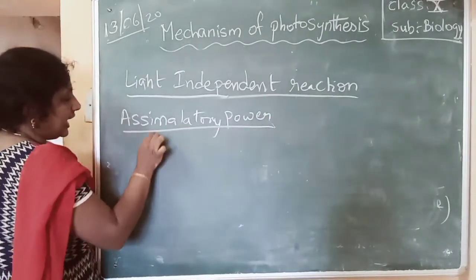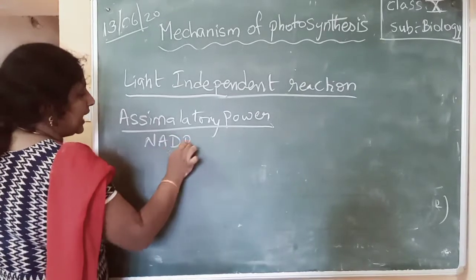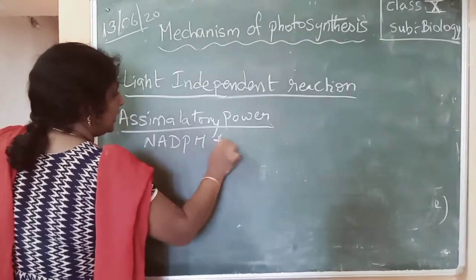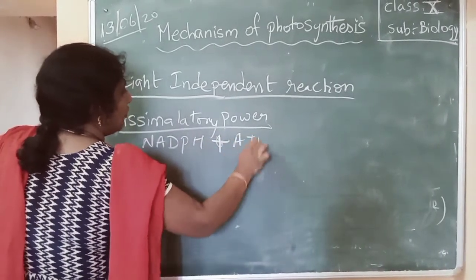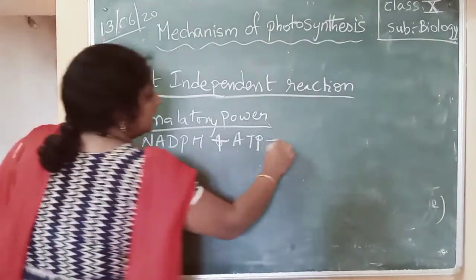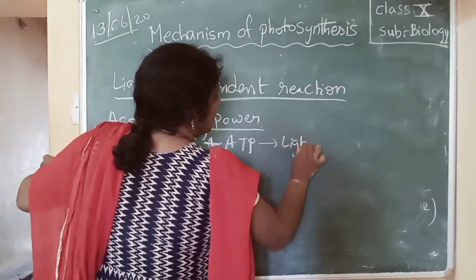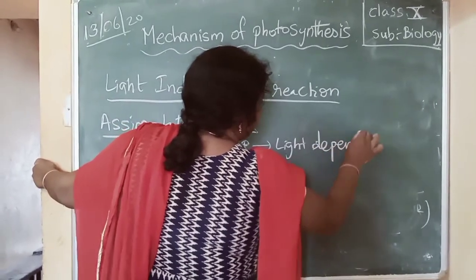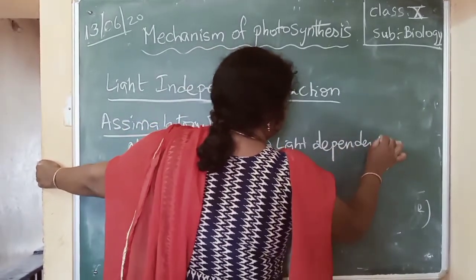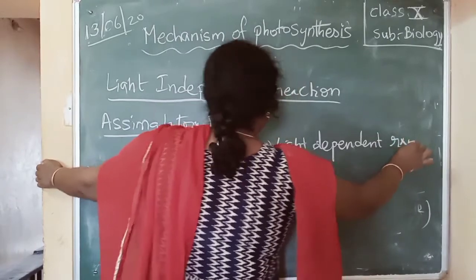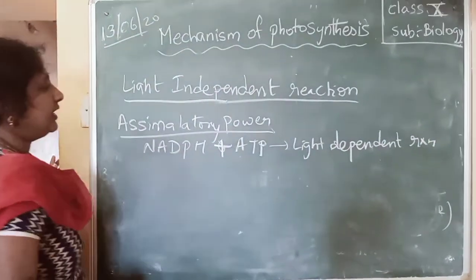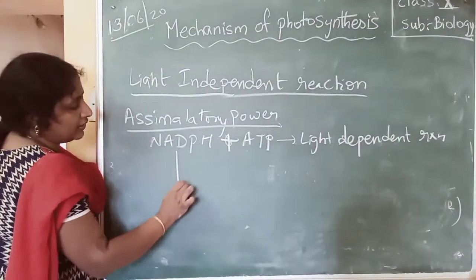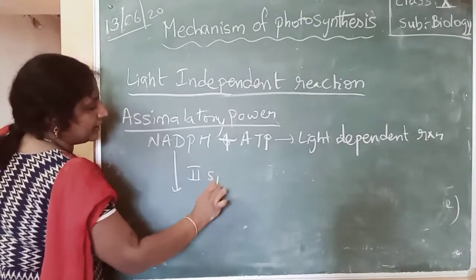What are they? NADPH and ATP. These are formed in the light dependent reaction. So now these are utilized in the second step.